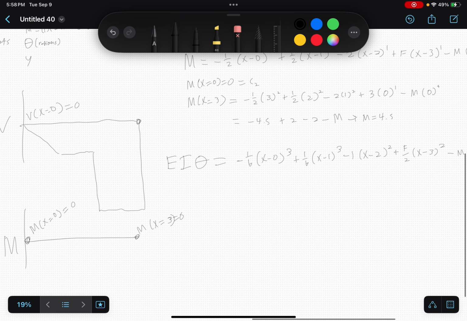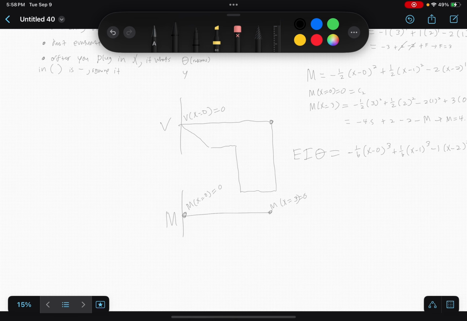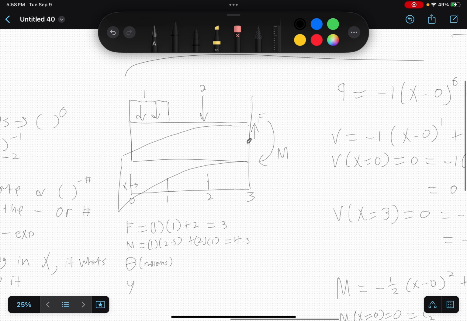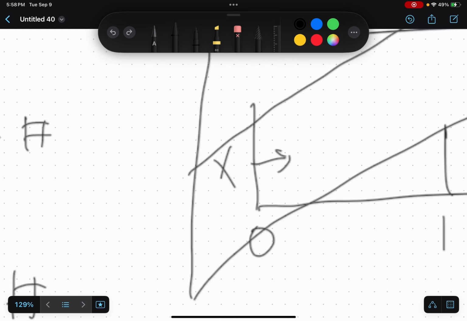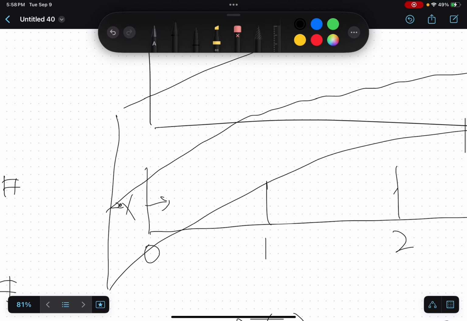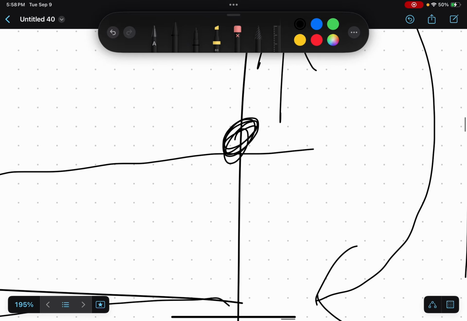Now, what are our boundary conditions? They're not 0 and 0 anymore. Right up here, on the left, if we draw the neutral axis, we can see there is an angle. So on the left-hand side, the angle is not 0. But on the right-hand side, there's no angle, it's 0.